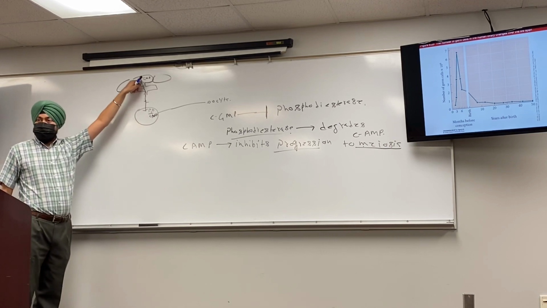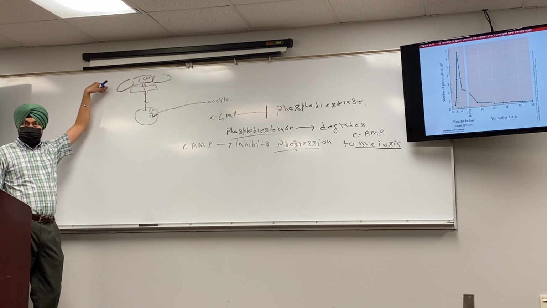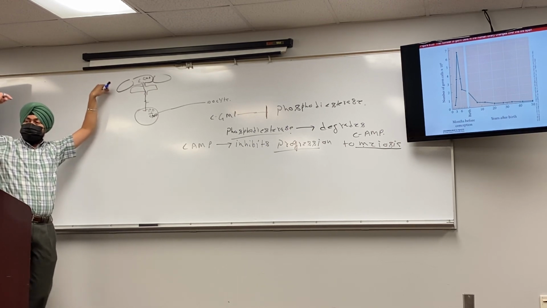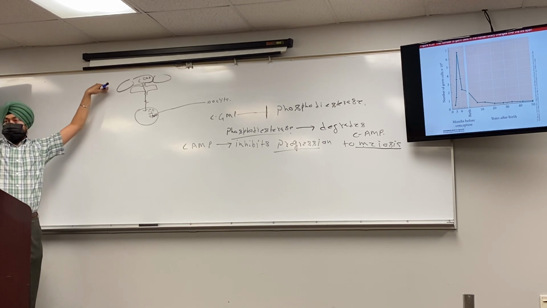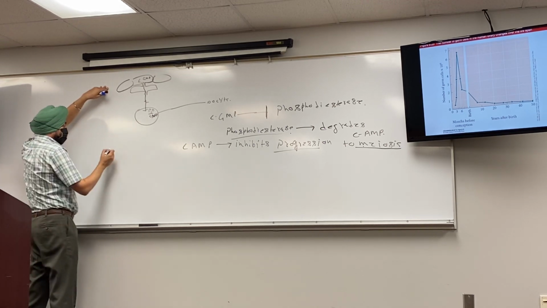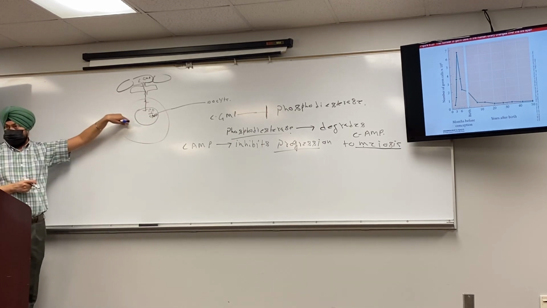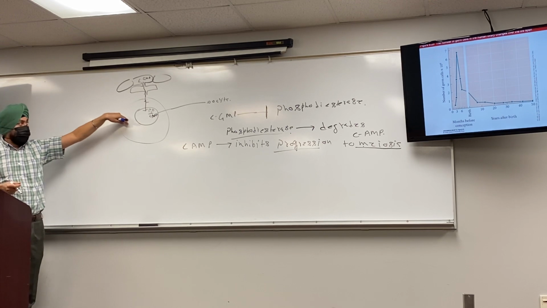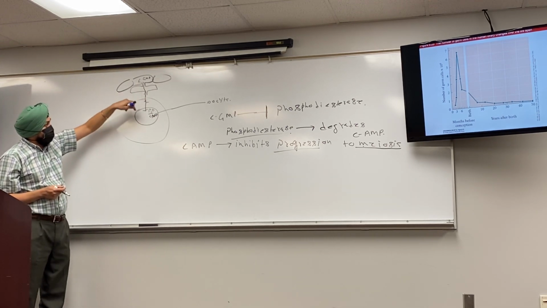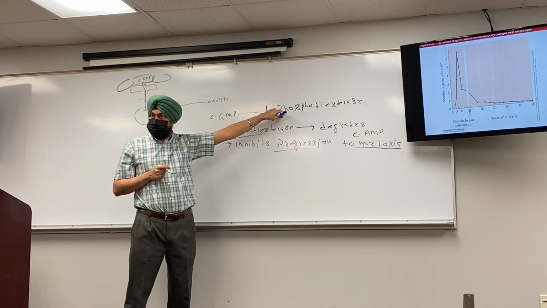So now think about it. We said the outer cells have something that does not allow this oocyte to undergo meiosis. We said if you take out this oocyte from all those cells, it will undergo meiosis. Now why will it undergo meiosis? Because cyclic GMP is no longer coming to block phosphodiesterase.